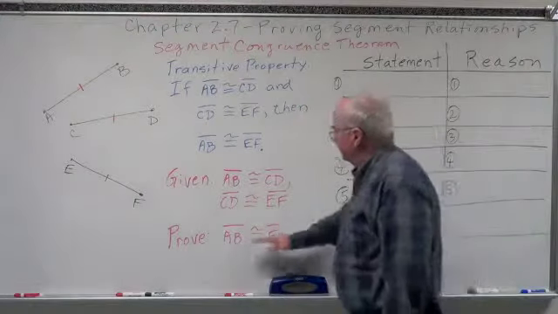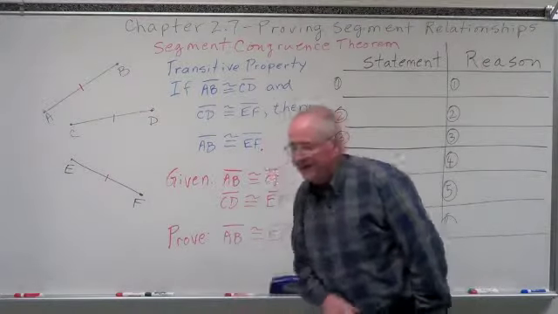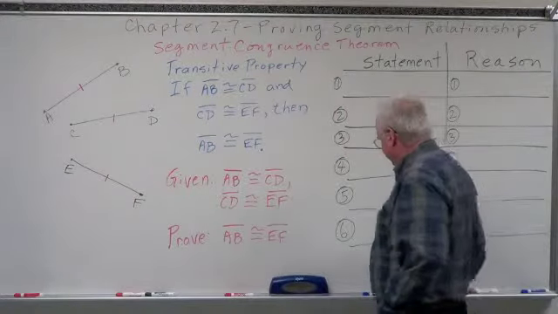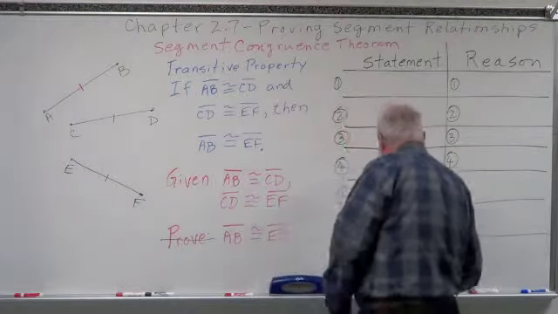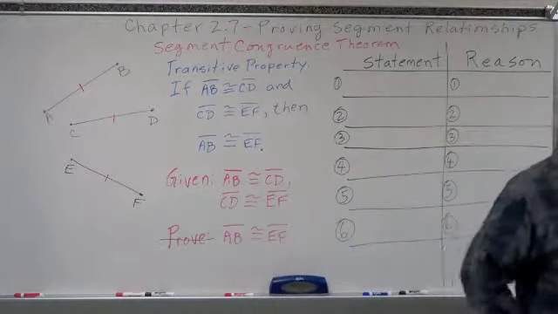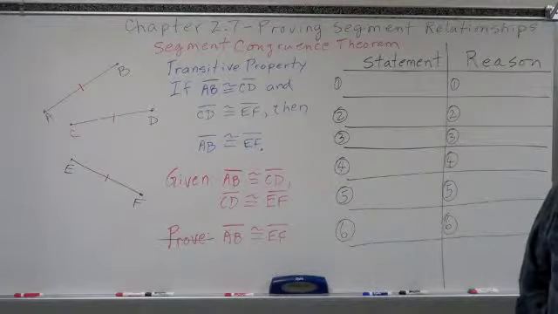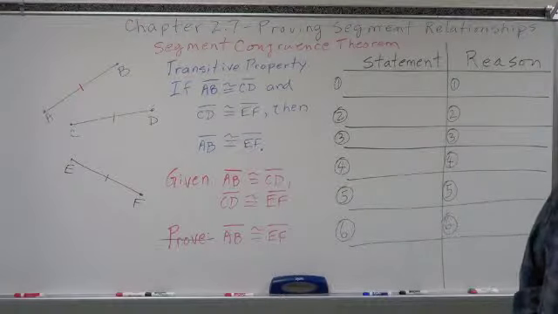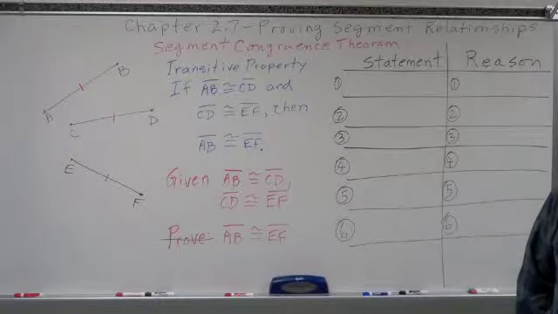The last statement will be this statement right here, but it will not say proof on it. We will not have a reason that says proof. Do not use that. If you use proof as your reason, I will count it wrong. You don't have enough power in this class or the universe to say QED, I've done my job, I've proven it. You have to give a reason.